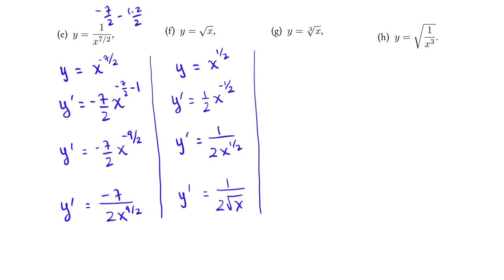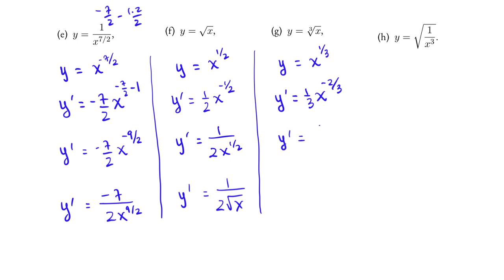For y equals the cube root of x, we rewrite this as x to the 1 over 3 power. And so we change the radical form to fractional power. Then y prime equals 1/3 x to the 1/3 minus 1, which is 1/3 minus 3 over 3, which is negative 2 over 3.